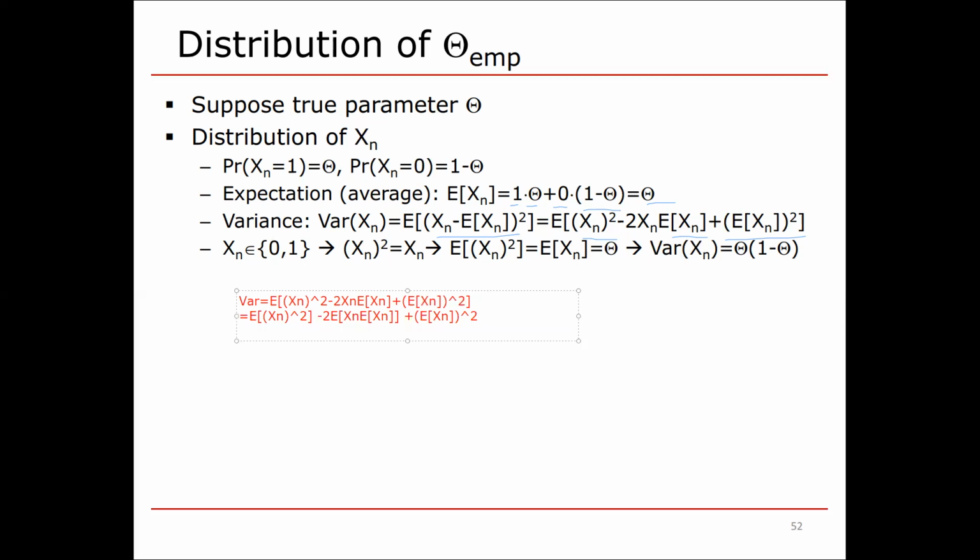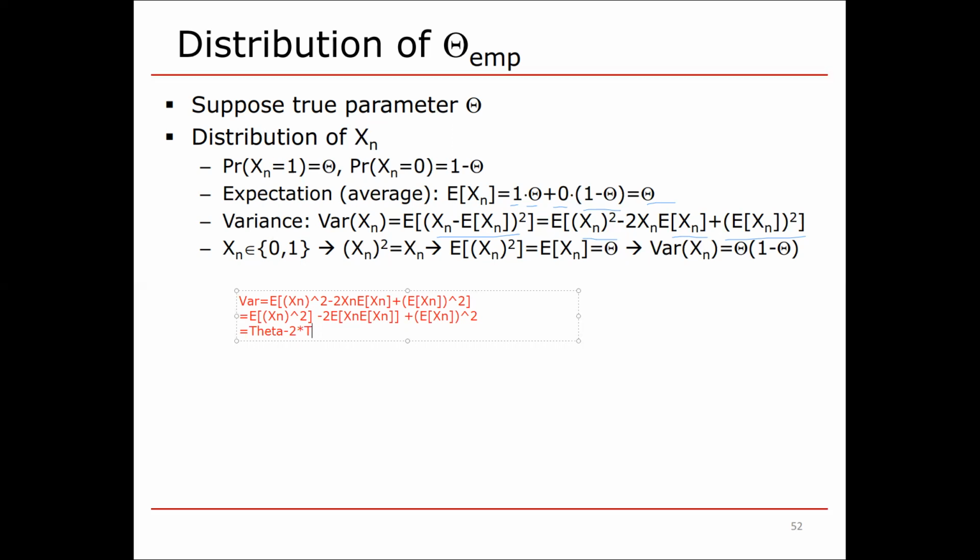Okay, so let's start substituting numbers. The expected value of the square of xn, we said, is equal to the expected value of xn, which is equal to theta. We then are subtracting 2 times E of xn, which is theta, and the E of xn inside this expression, that's another theta, which is just a constant.